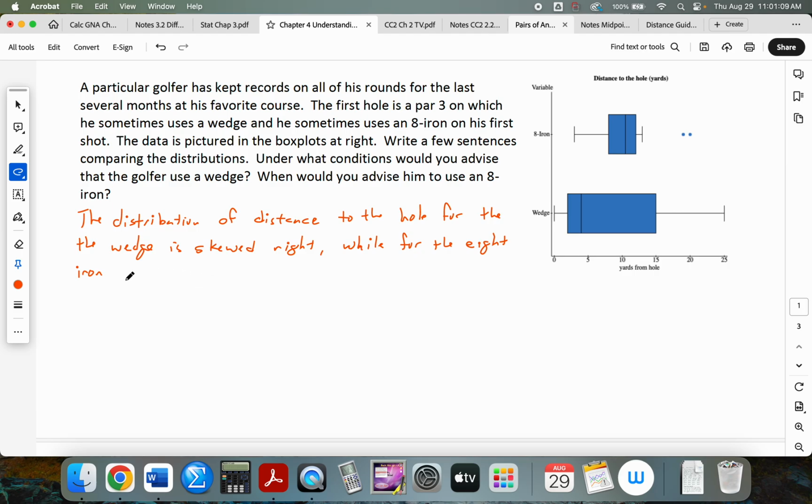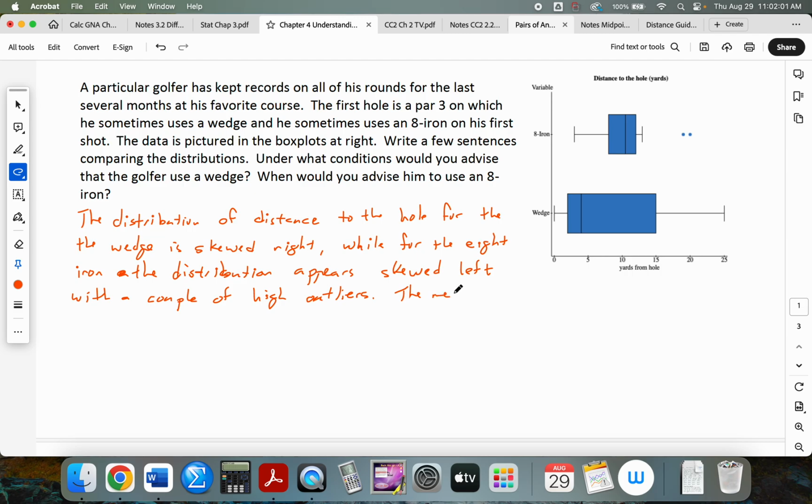That's absolutely what I would say. So that's nice because we're also talking about unusual features of the graph, which is something that we want to do. The nice thing about this is it's really easy to talk about the center.